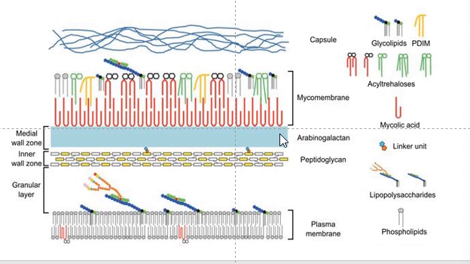What it does is that this arabinogalactan joins the peptidoglycan, and then it joins the peptidoglycan and the mycolic acid. This is the mycolic acid, the reddish color.